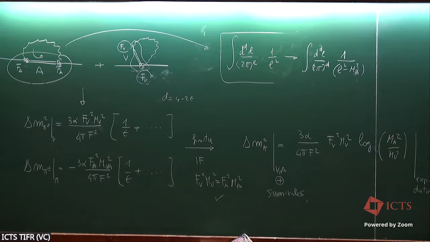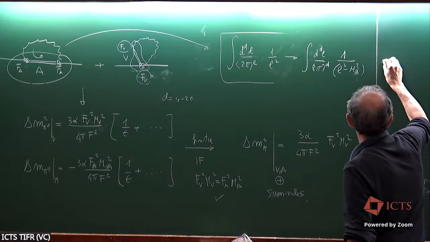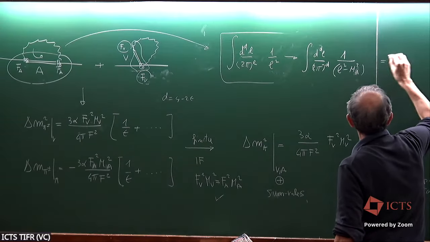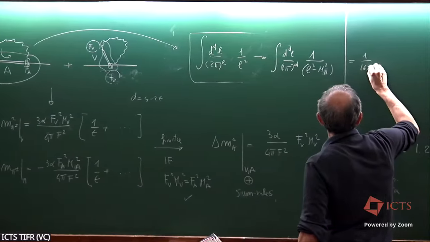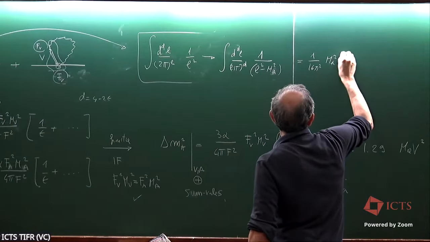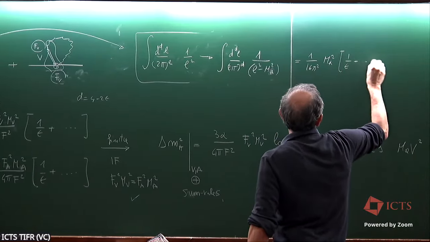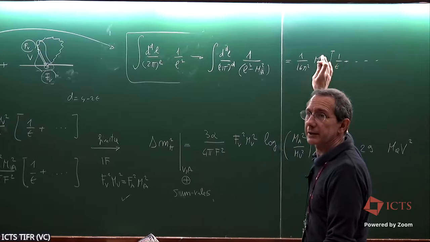Sorry? Yeah, but this is proportional to MA square. So this is now, okay, up to 1/16 pi square, MA square, 1/epsilon plus, okay, the gamma, all the other stuff, I ignore it.